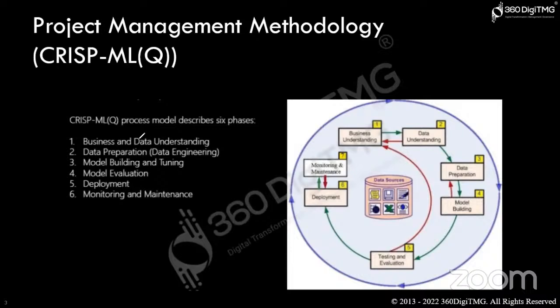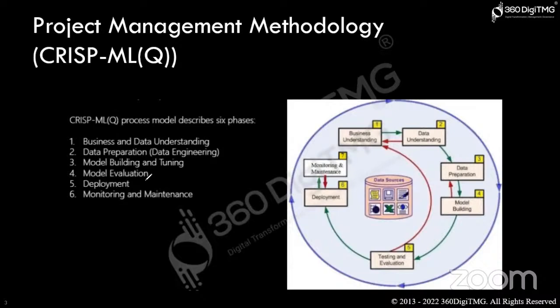Then we do the data preparation, and then we go for a machine learning model, which could be supervised or unsupervised. We'll apply one machine learning model, and then we have to do the evaluation. Whatever model we are building, is it performing well or not? How much accuracy are you getting while doing the testing?